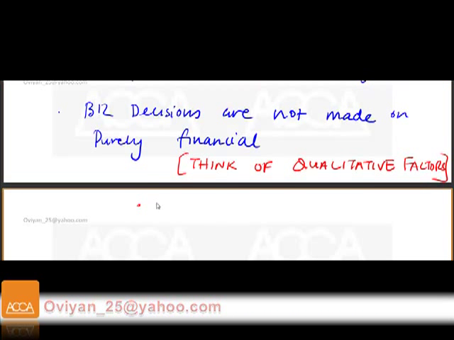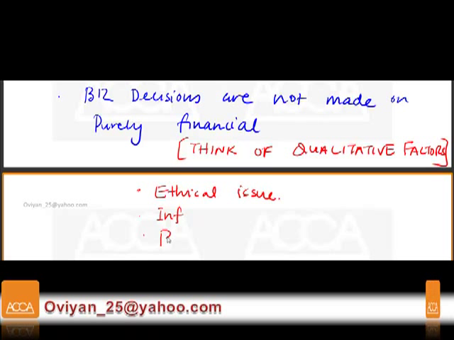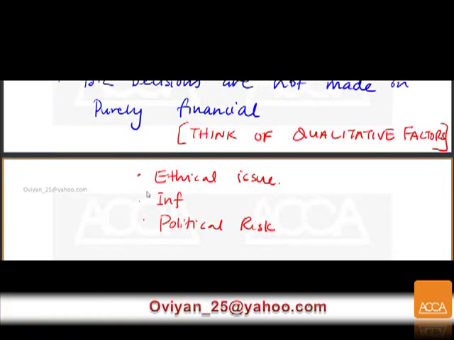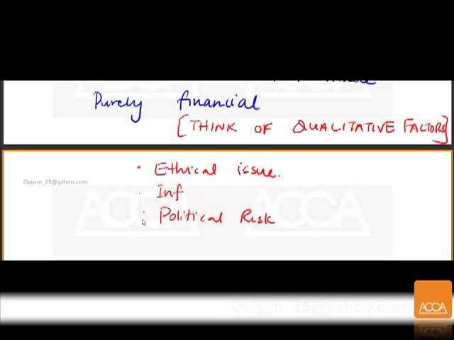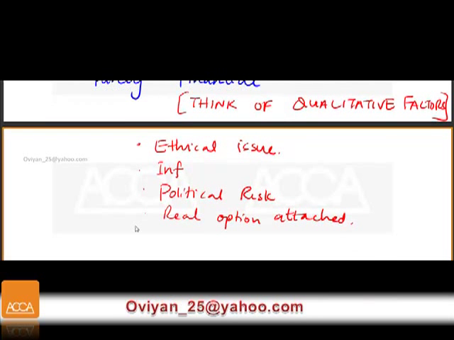For example, think about ethical issues. I'm just giving you some pointers for you to think and write on your own. You've got to think about inflation. What if inflation builds up? What about political risk? Explain, and don't write in point form. Then you have to talk about real options. Do you have any real options attached? All these things. We're going to say here we've got political issues and all this stuff.